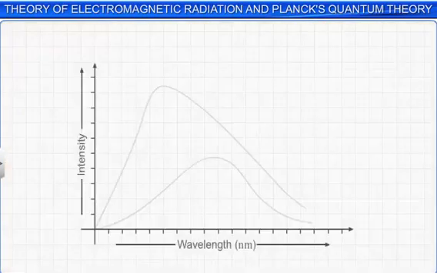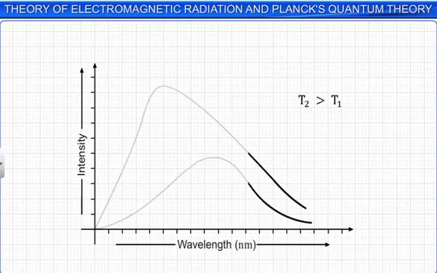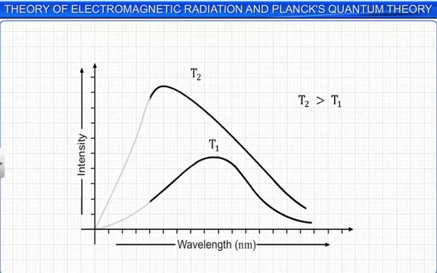From the graph shown here, it is visible that at a given temperature, the intensity of radiation emitted increases with decrease in wavelength, reaches a maximum value at a particular wavelength, and then starts decreasing with further decrease in wavelength.